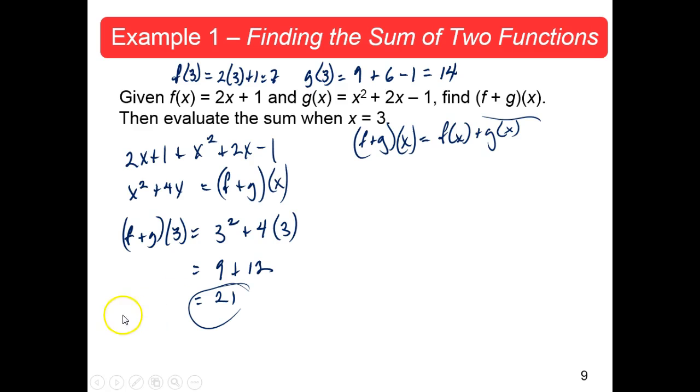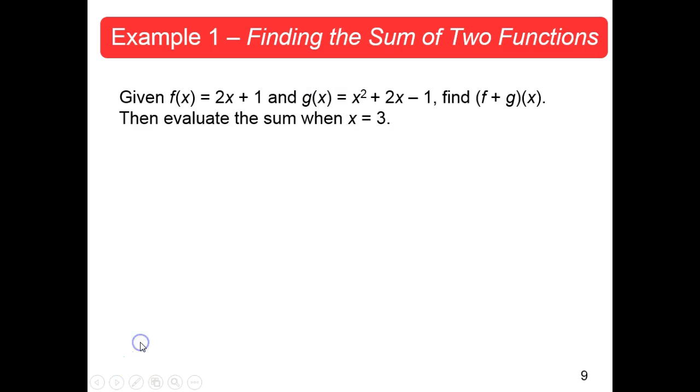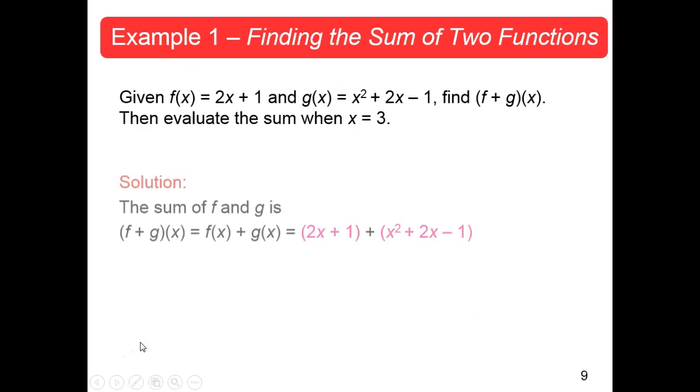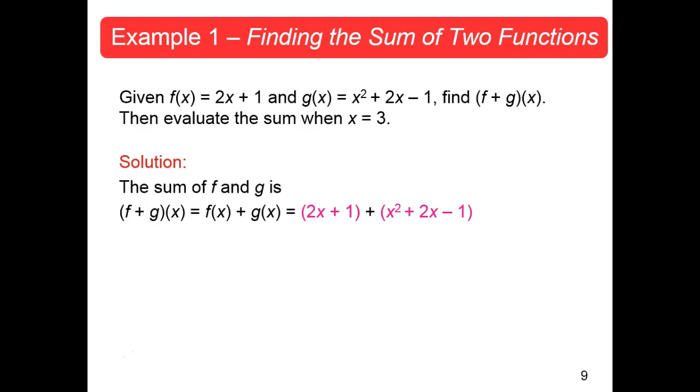All right. Let's see how they did it, just to see. Probably not as neatly as y'all did, but let's see. Okay, so they first write down f plus g of x is f of x plus g of x, which is what we wrote down. And then we plugged in f of x is 2x plus 1, g of x is x squared plus 2x minus 1.